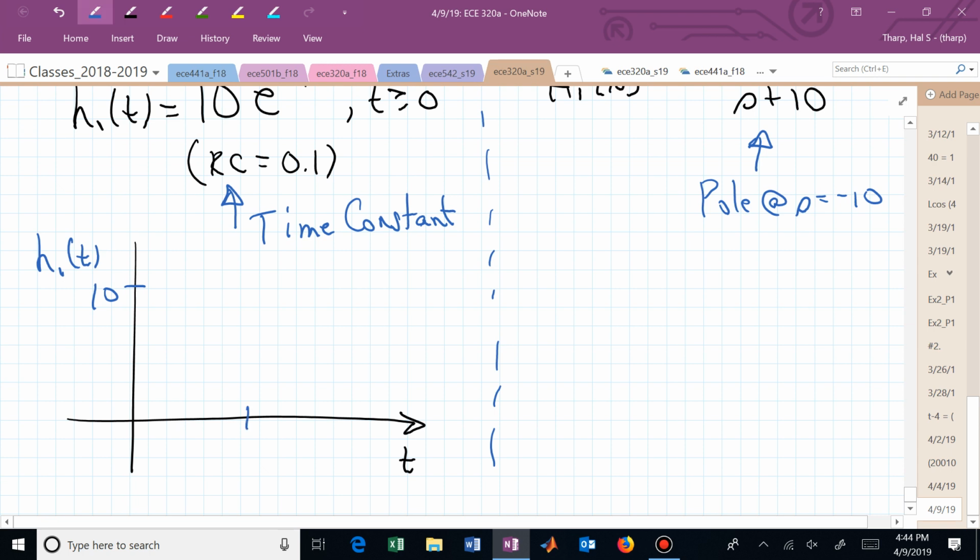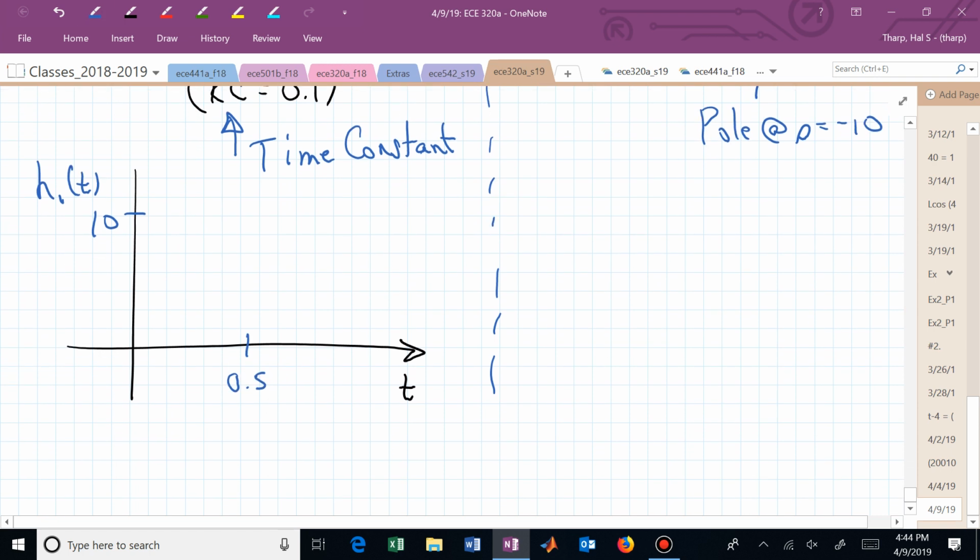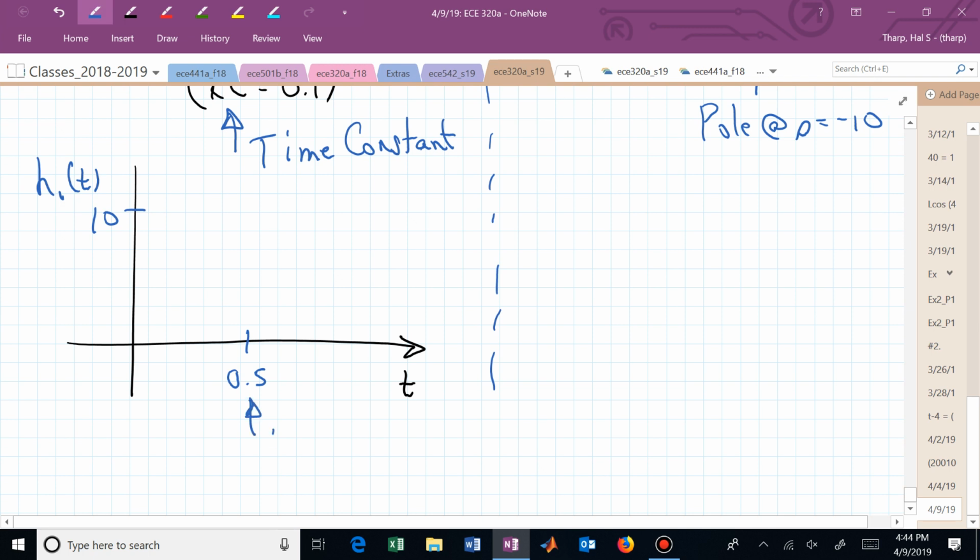So let's just say this is 0.5. This is now our 5 tau. Let's just look at that for a while. That's a pretty good shape. That's a pretty good curve. That's h sub 1 of t.